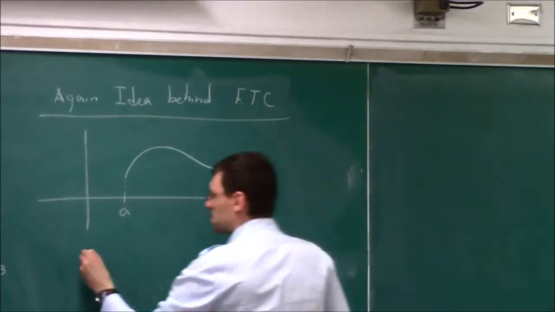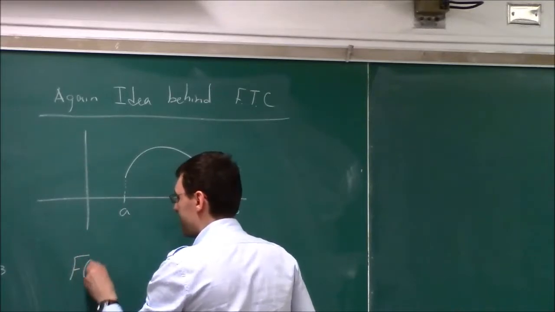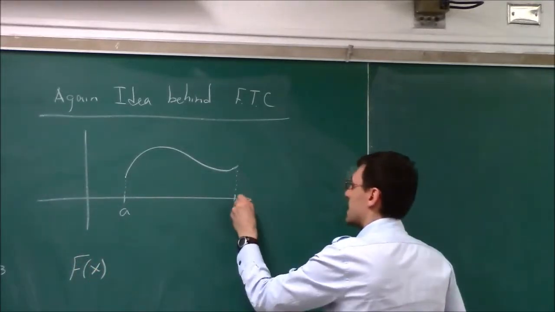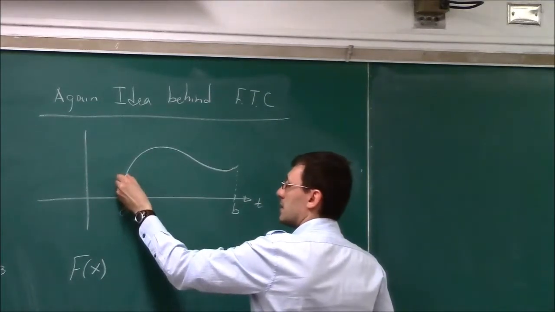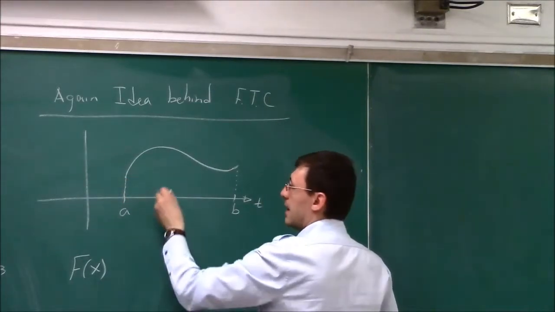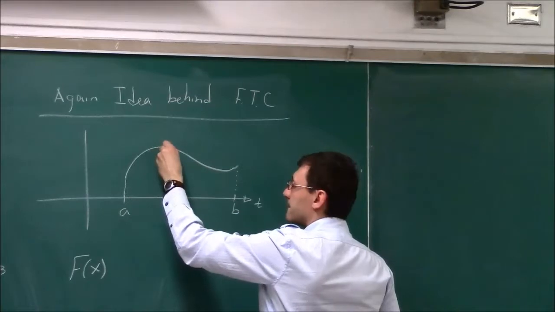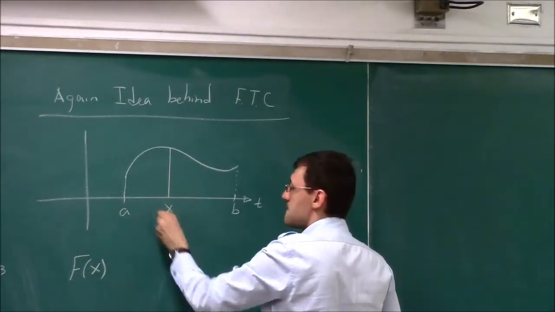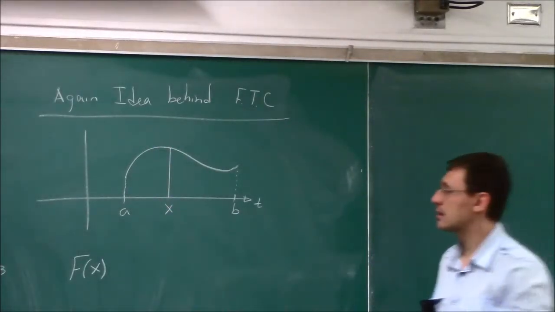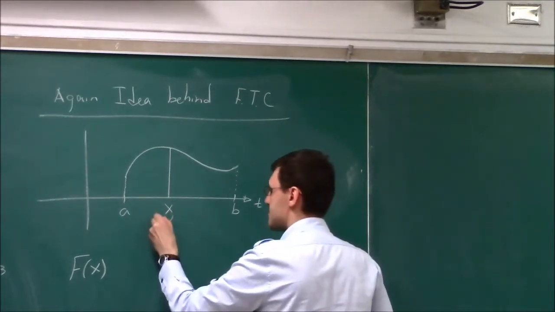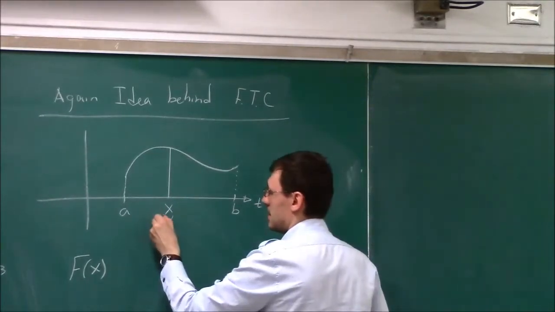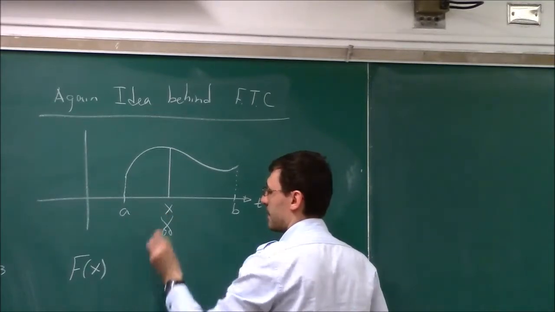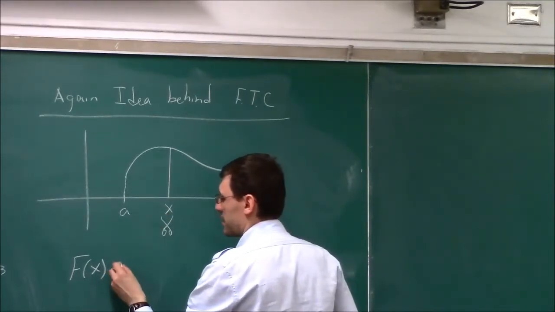So this is the t-axis, and the function capital F of x will just cut at a and make a cut at x. So capital F of x is a slice of cake function.